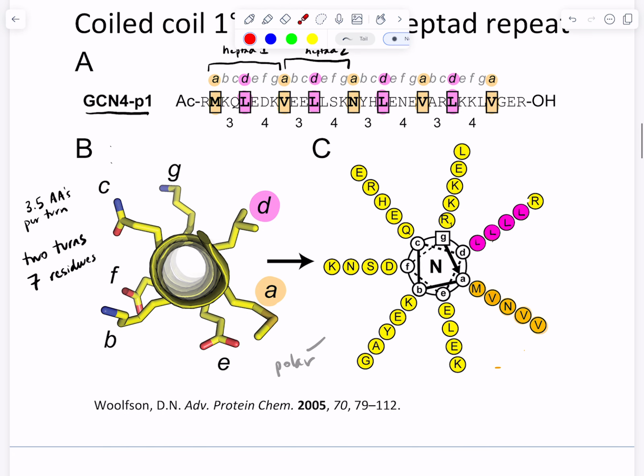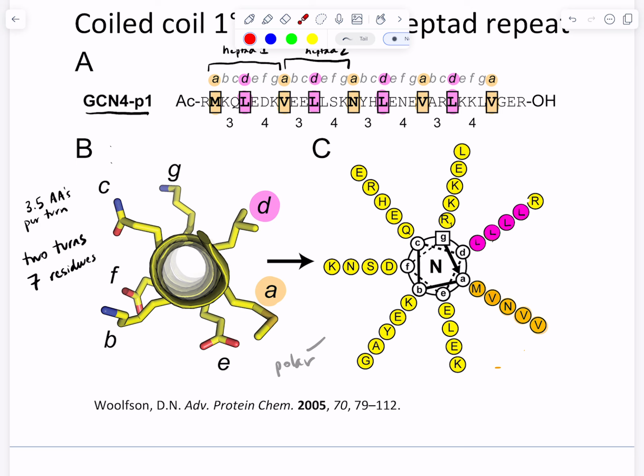This is methionine 2, this is lysine 3, glutamine 4, leucine 5, glutamate 6, aspartate 7, and then if we were to continue on, we would see another valine, and it would be right back here in the same area where the first methionine was, only 2 turns of the helix further on. This view of an alpha helix is called a helical wheel diagram.